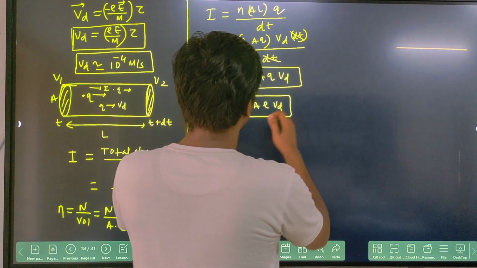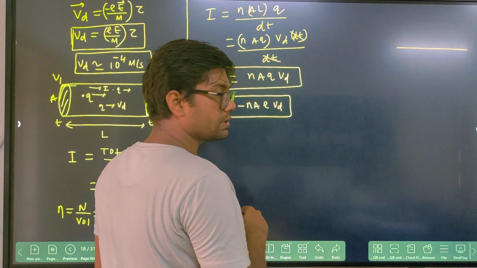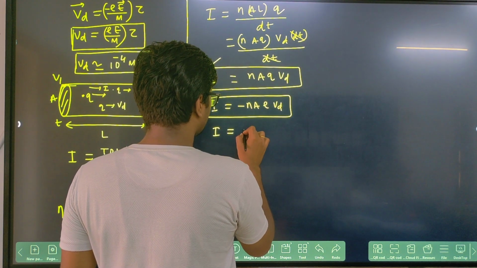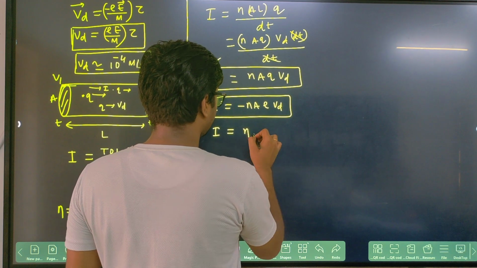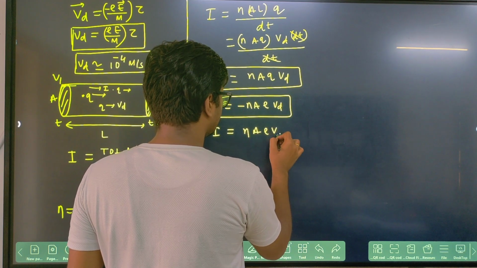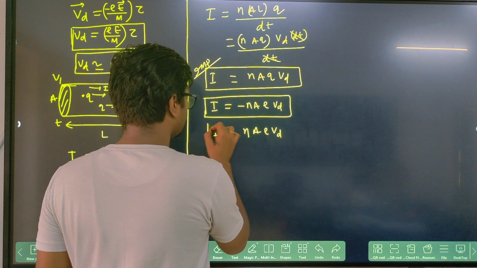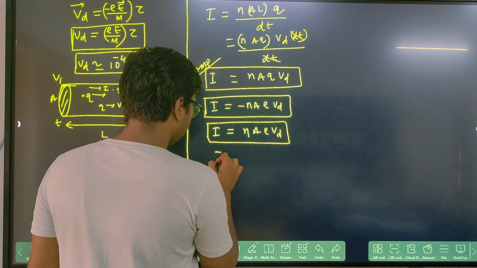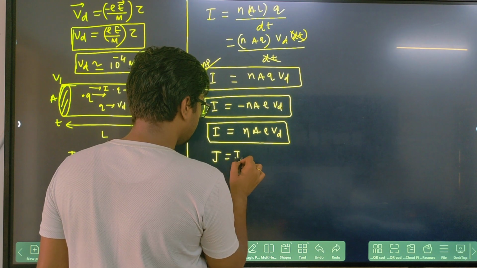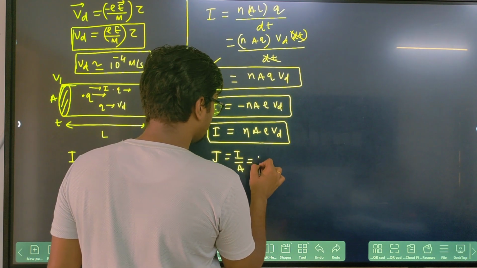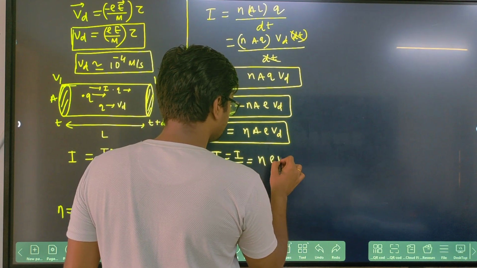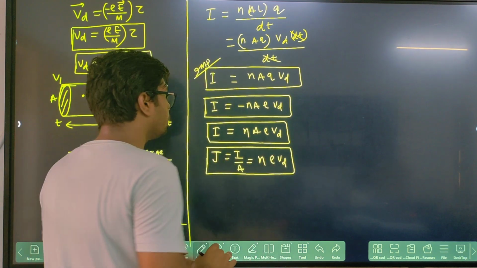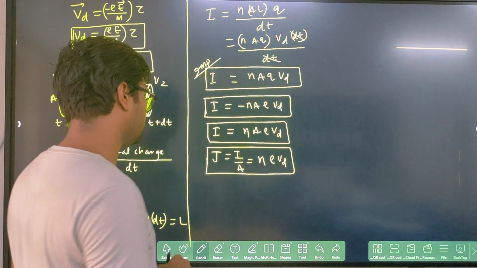If I write the magnitude here, I equal to nAeVd, where Vd is the drift velocity. And I can write J, that is I by A, equal to neVd. This is a very important formula, you have to remember all this.